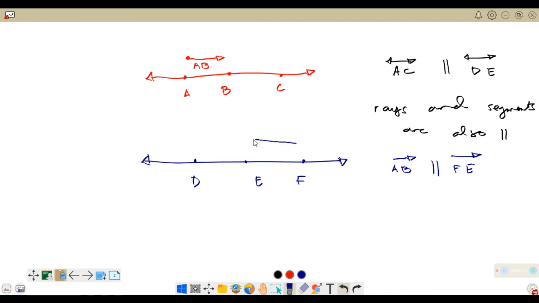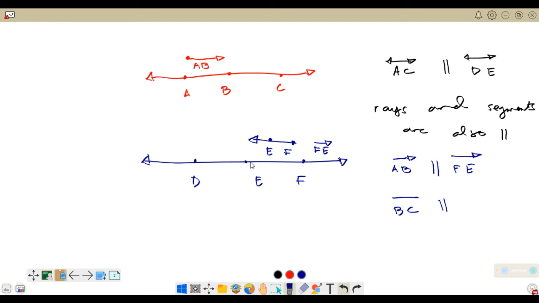So, si ray FE, ito naman siya. So, ito si E, ito si F. Yan. So, ito si ray FE. So, di ba parehas sila ng slope, tapos parallel din sila, although magkaiba sila ng pupuntahan, they will never meet no matter what. Also, si BC, segment BC.